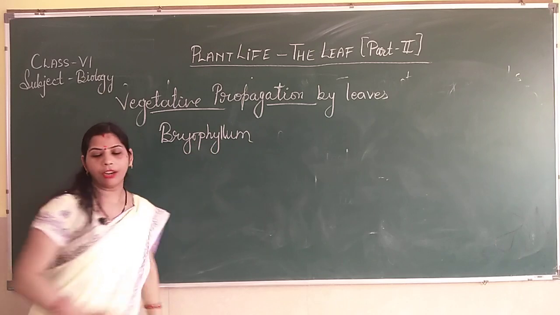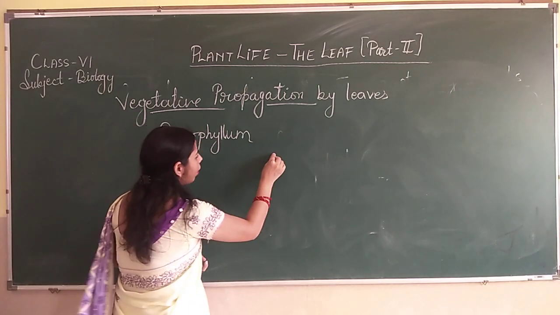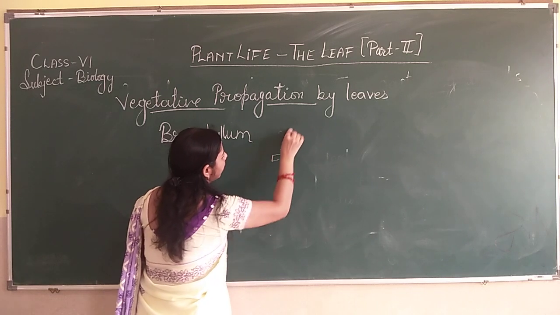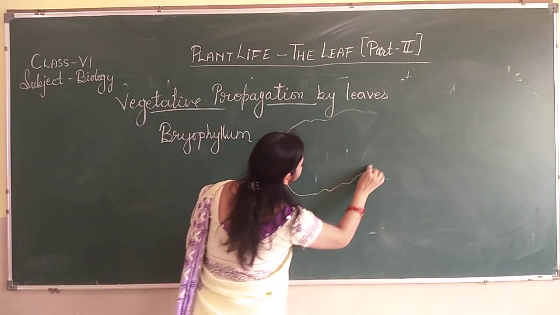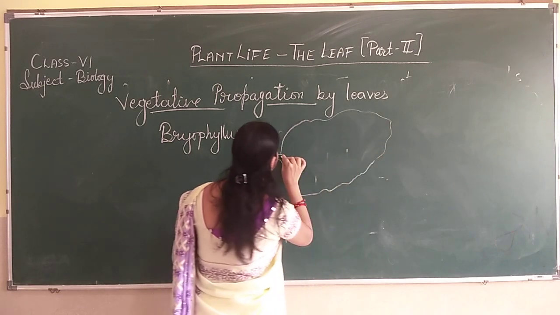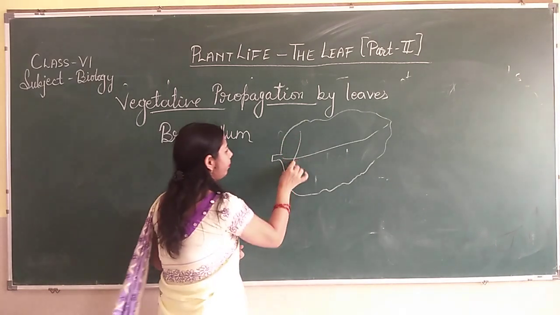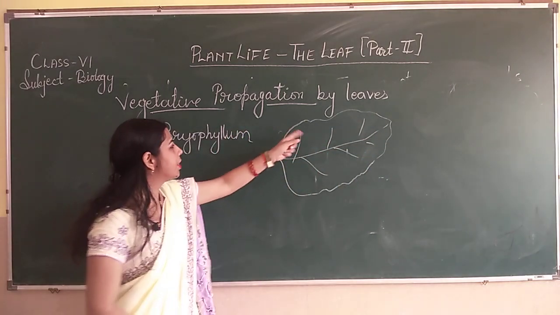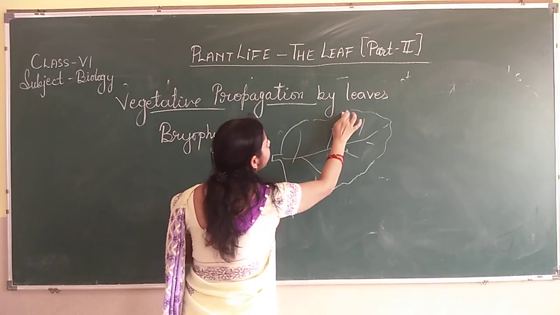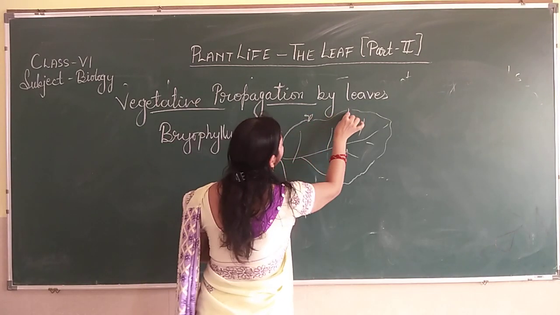What happens in the bryophyllum leaf? It is generally a guava-like leaf. In this leaf, adventitious roots develop on the margins of the leaf, and here adventitious buds are developed.